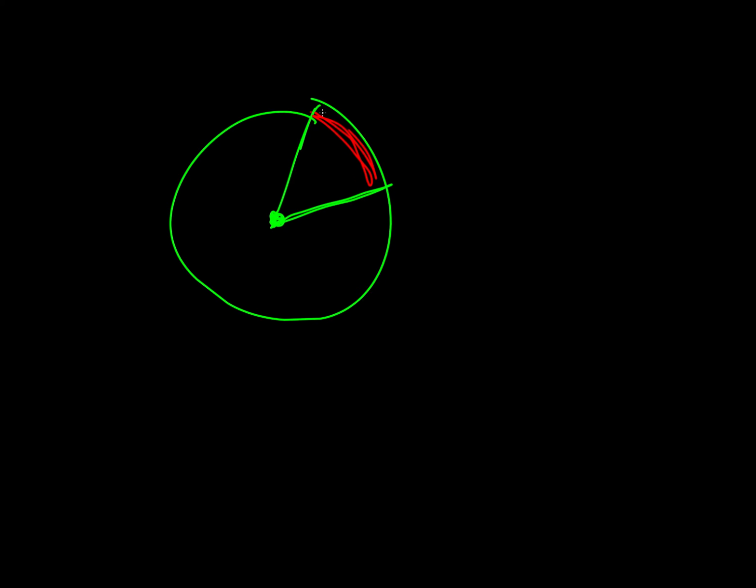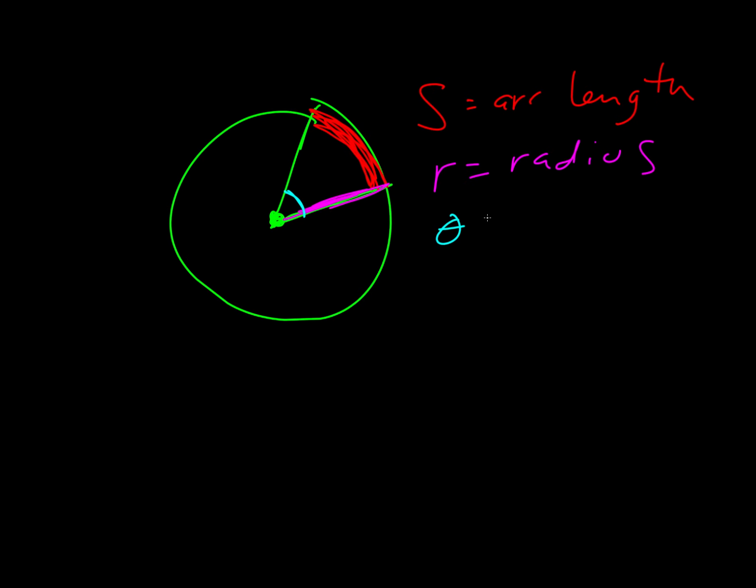So this piece, like the pizza crust, is going to be called the arc length, and we'll refer to it as S. Don't ask me why, but it's S. Okay, we also need to remember that this is our radius. And then we also care about the central angle, which is theta.